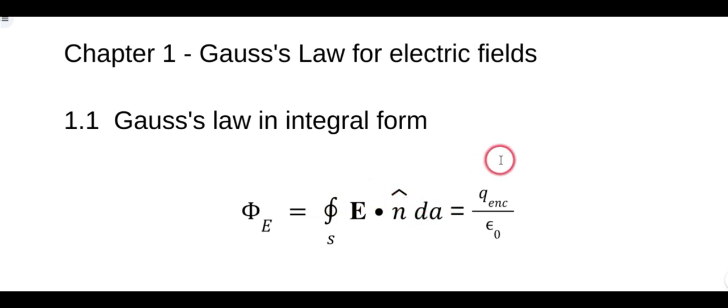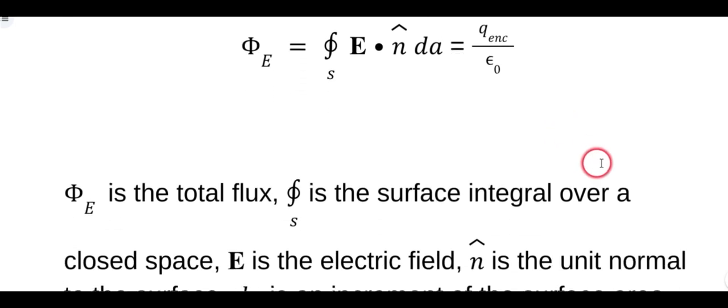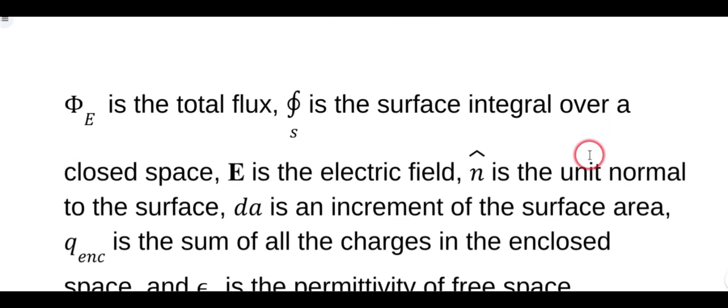This is all equal to the total enclosed charge divided by the permittivity of free space, epsilon naught. All of the homework problems in section 1.1 have to do with this equation. All right, so here's all the stuff I just said.